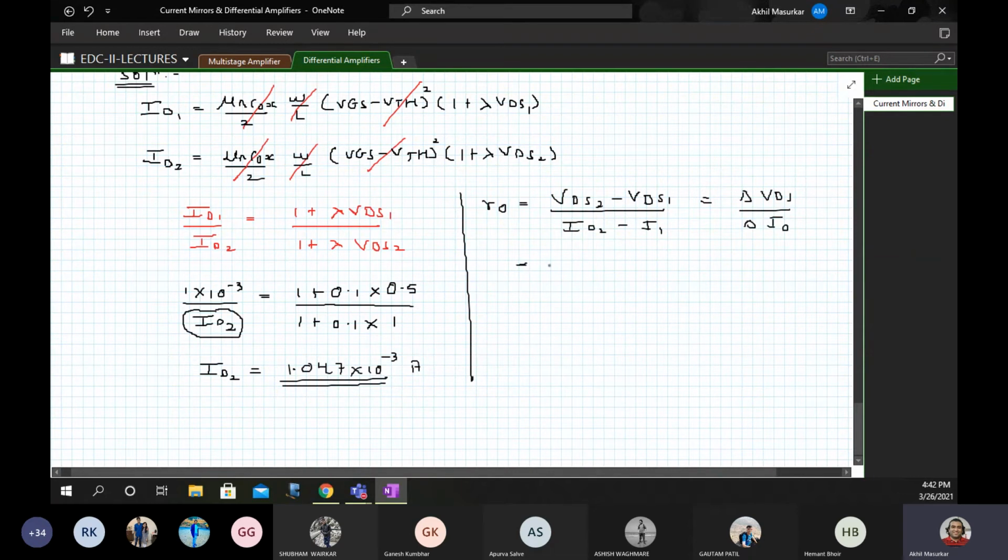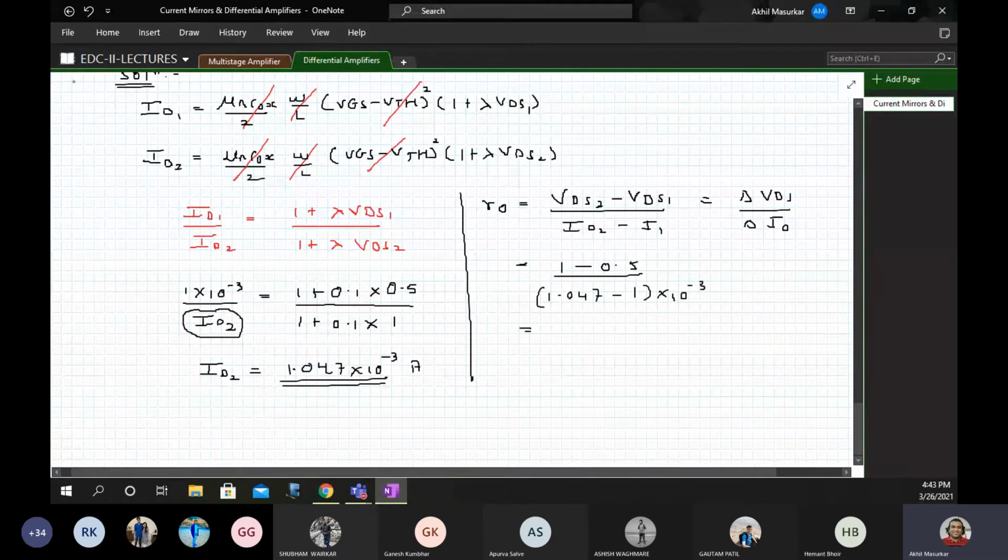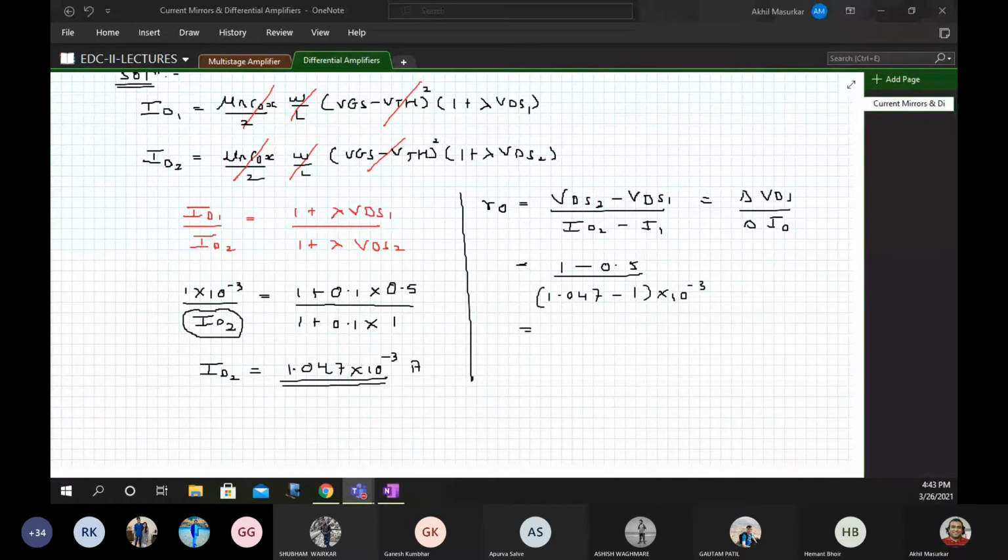So VDS2 minus VDS1 is 1 minus 0.5 upon 1.047 minus 1 into 10 raised to minus 3. So this is equal to what? Please tell me.